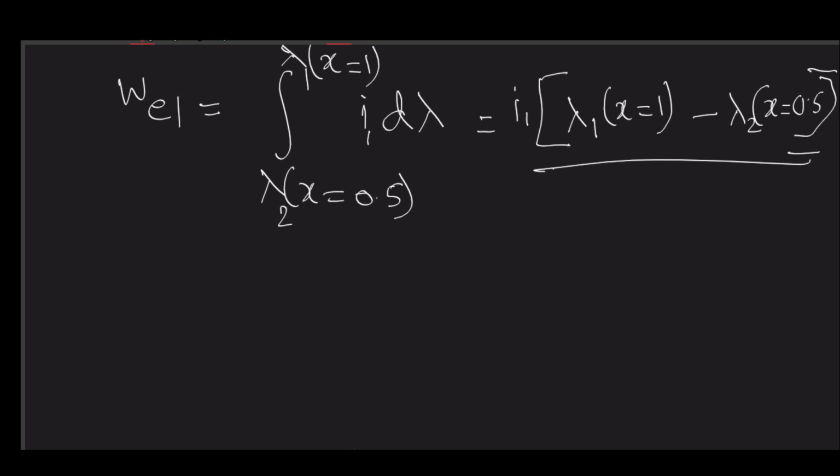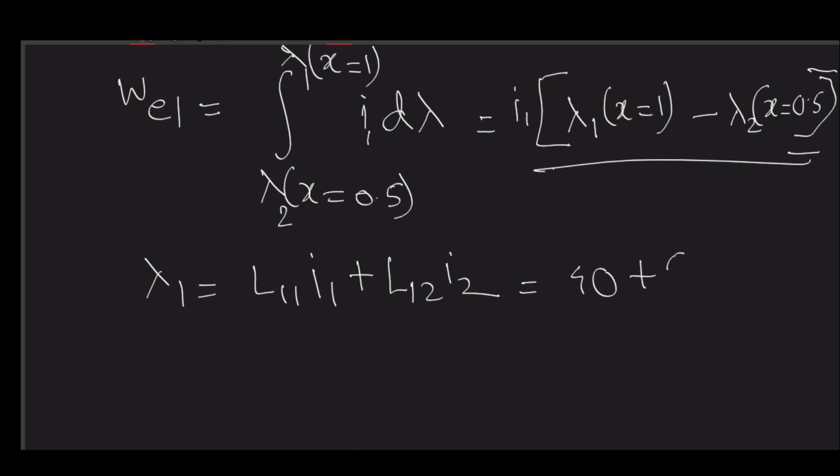Now lambda 1, we know, is L11 I1 plus L12 I2. If you put the values, you will get something like 40 plus 5 by x, while obviously I2 is minus 10 and I1 is 20, and the expressions of L11 and L12 you can get from the problem.